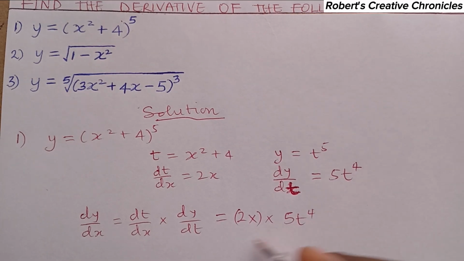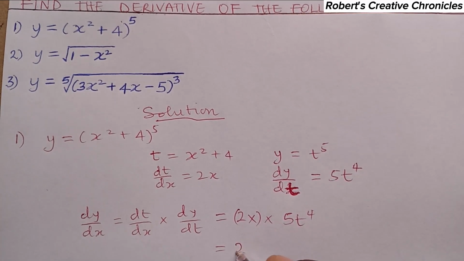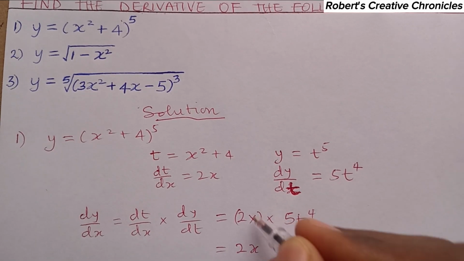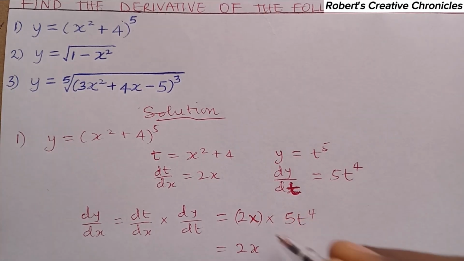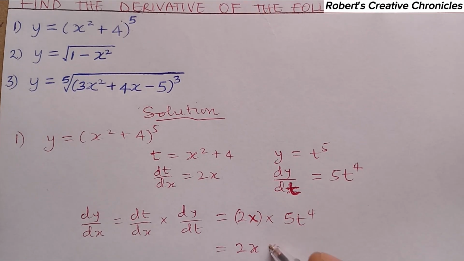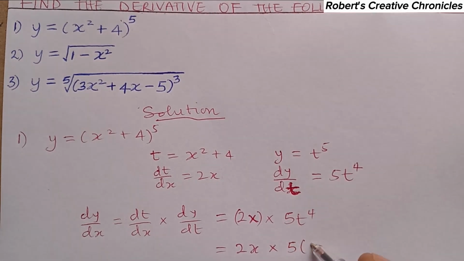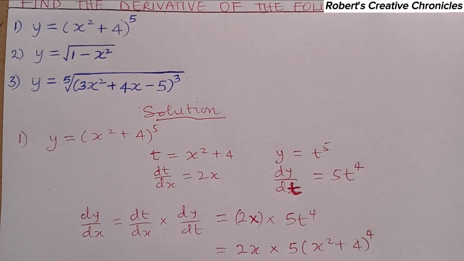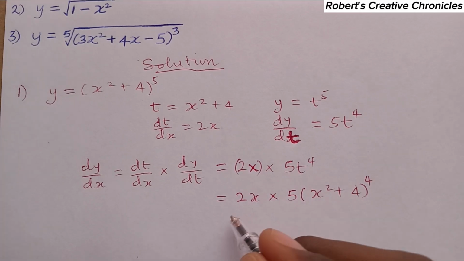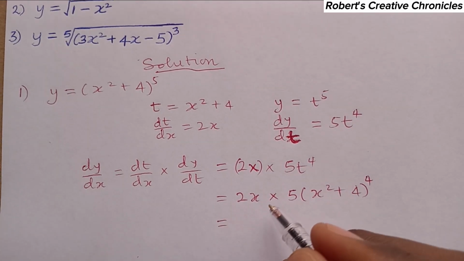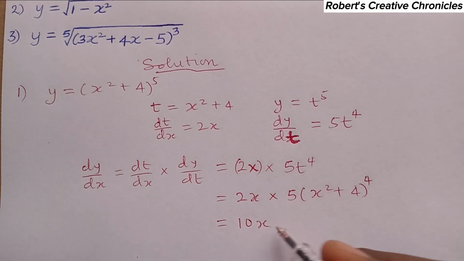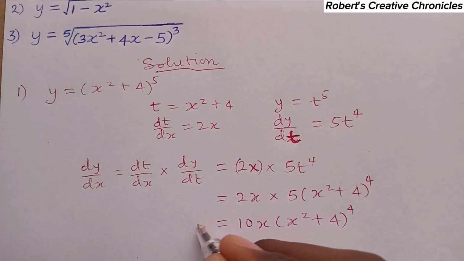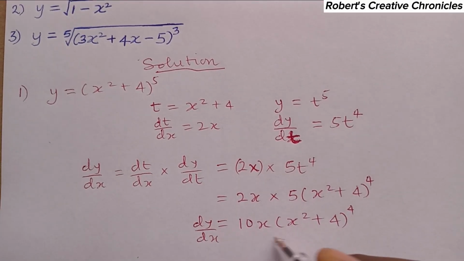So this will become 2x times 5 times (x squared plus 4) raised to the power of 4. Then this becomes 10x times (x squared plus 4) raised to the power of 4. So this is dy over dx. So this is the final answer.